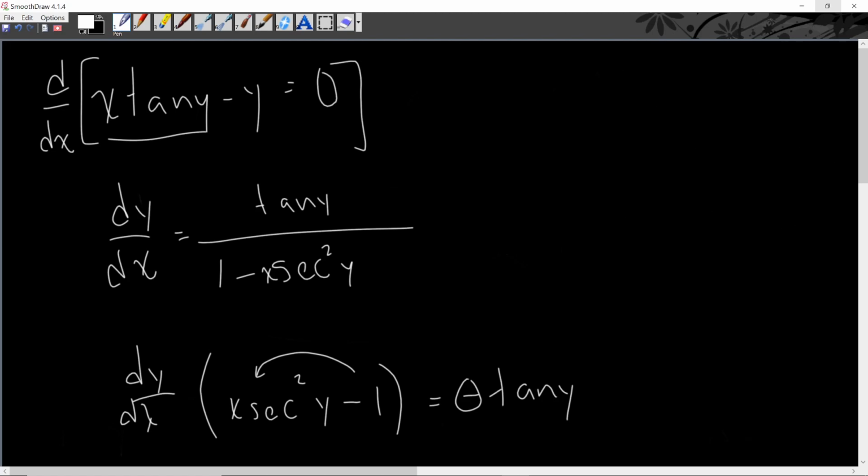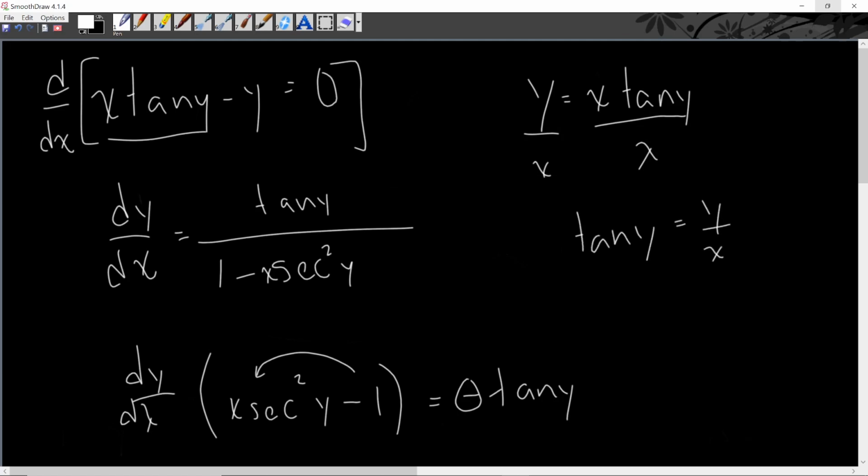So, tangent y, if we said that y is equal to x tan y, then we can divide both sides by x to get tan y is equal to y over x. That means that tan squared y has to be equal to this squared. So this will be y squared over x squared.